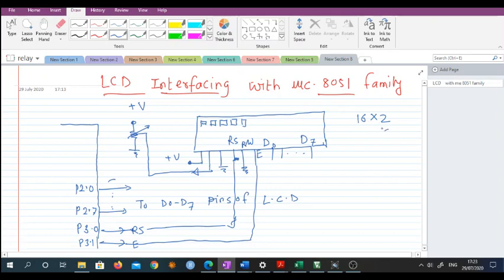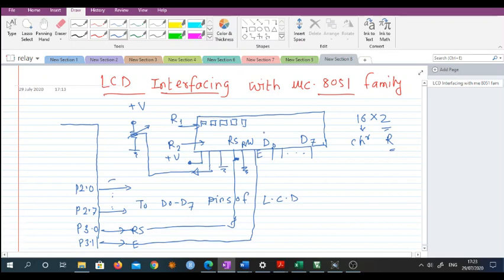The 2 indicates the number of rows, and the 16 indicates the number of characters. So this is the first row, row number 1, and this is the second row, row number 2. In row 1 there are 16 characters, and in row 2 there are 16 characters, and thus it makes a 16 by 2 LCD display.